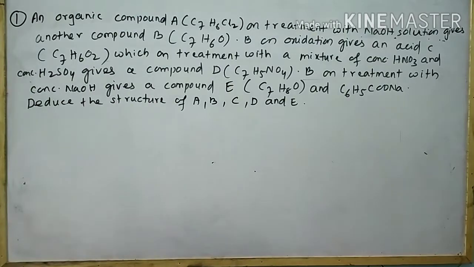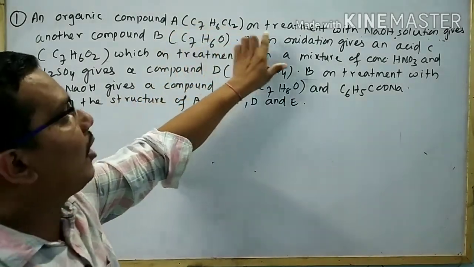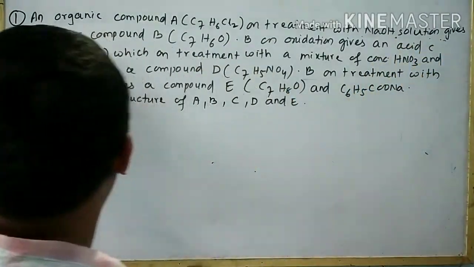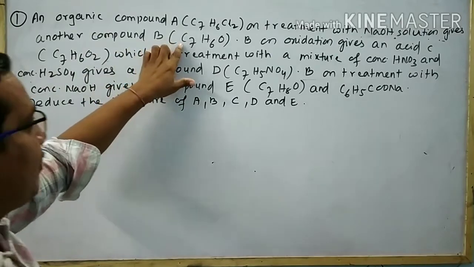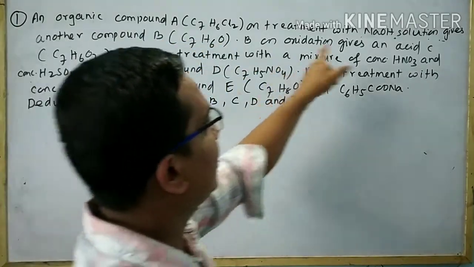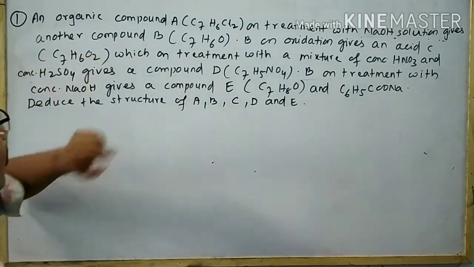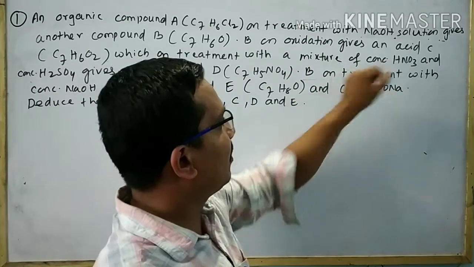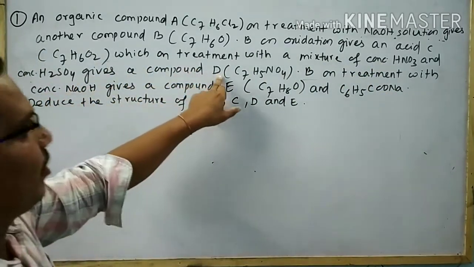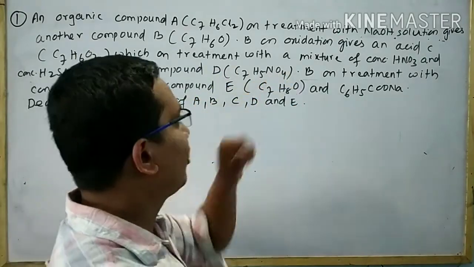An organic compound A having formula C7H6Cl2 on treatment with the sodium hydroxide solution gives another compound B which having formula C7H6O. B on oxidation gives an acid C having formula C7H6O2 which on treatment with a mixture of concentrated HNO3 and concentrated H2SO4 gives a compound D, and the D compound having formula C7H5NO4.